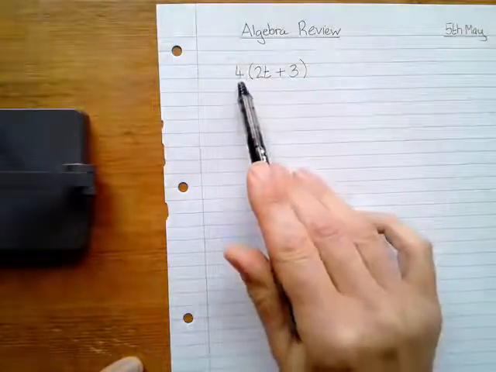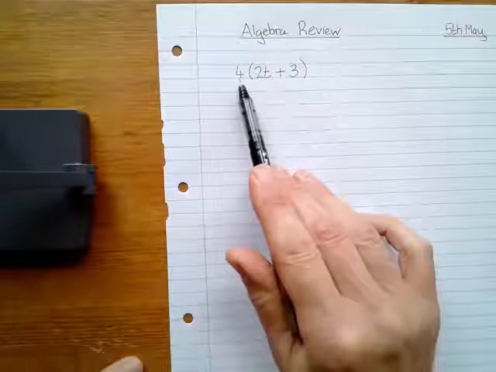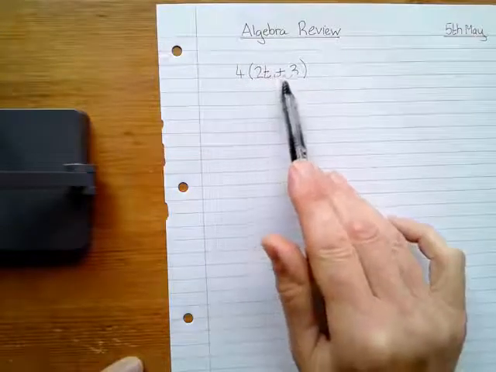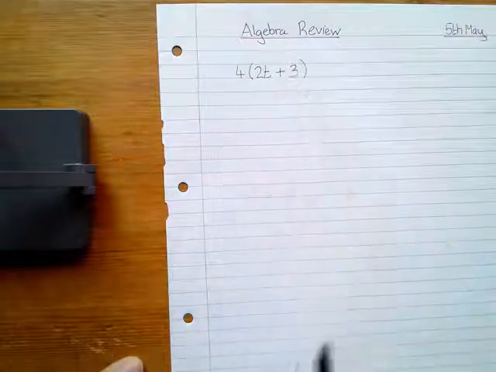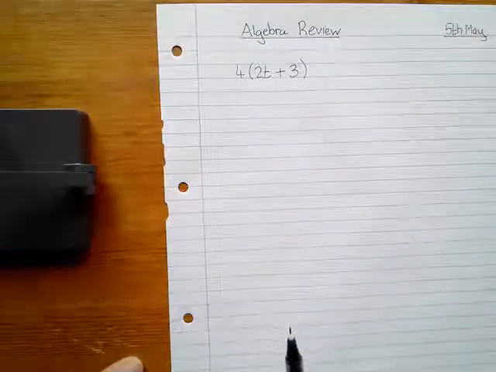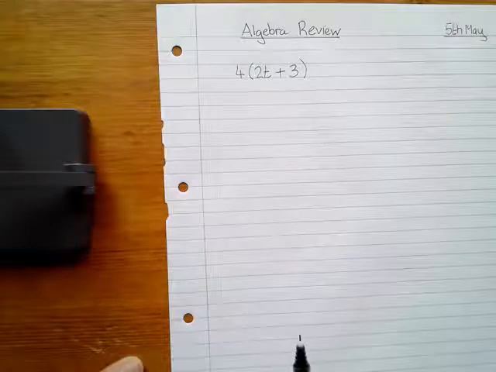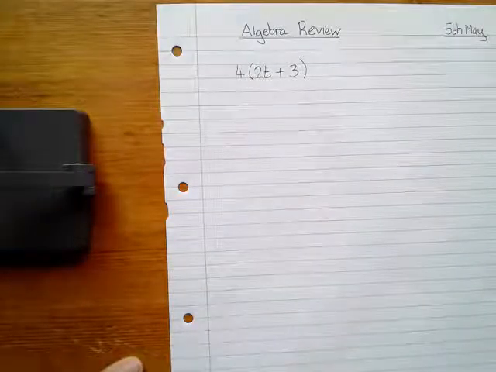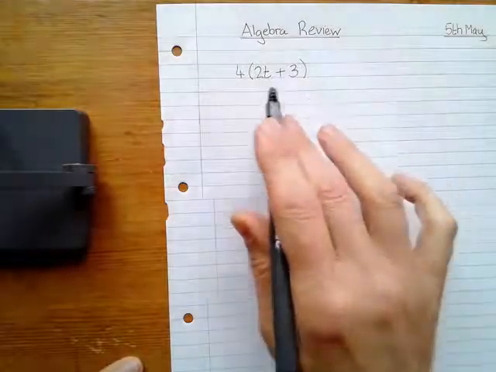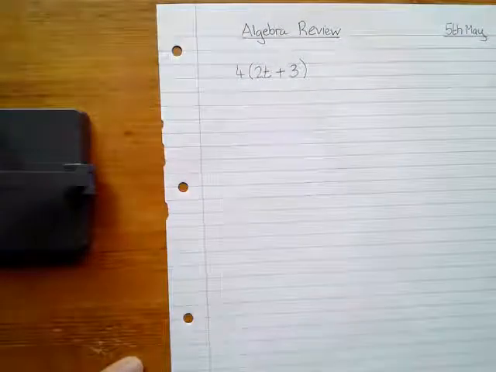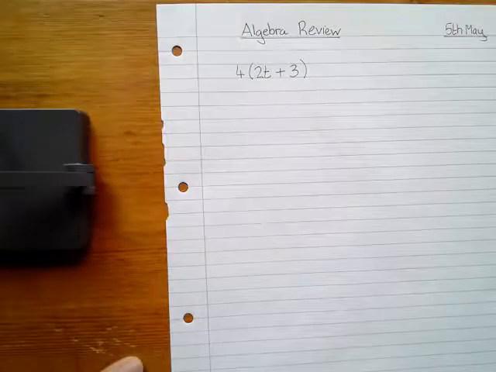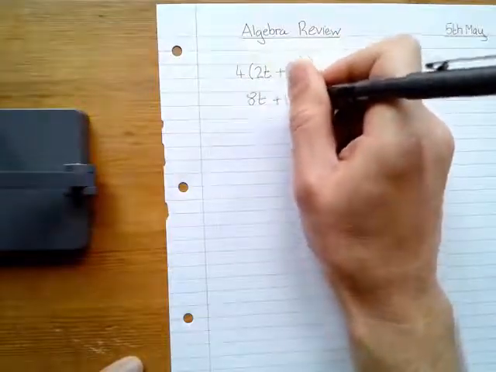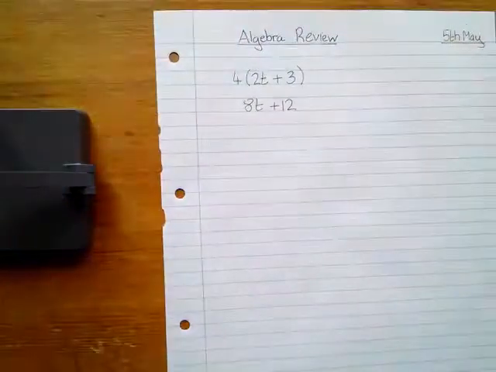What this number means is that you've got 4 lots of the bracket, 4 versions of the bracket. So you haven't got 2t overall, you've got 4 lots of 2t, which is 8t. And you haven't got 3, you've got 4 lots of 3, which is 12. So the final answer is 8t plus 12, like that.